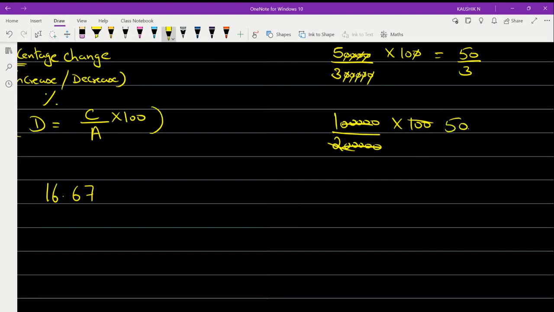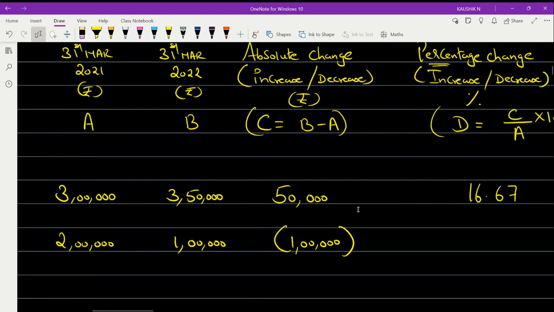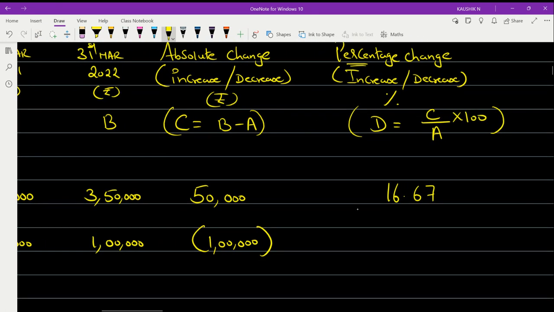As I said, sometimes you will get exactly a whole value, or sometimes it will go in decimals. Since you got the whole value, you are just going to express it in the percentage column by opening a bracket, 50.00, and closing the bracket. Whether you got a whole value or decimals, show it to two decimal points. So if it's exactly 50, write 50.00. And since you got the C value in negative, even the percentage should be in negatives.